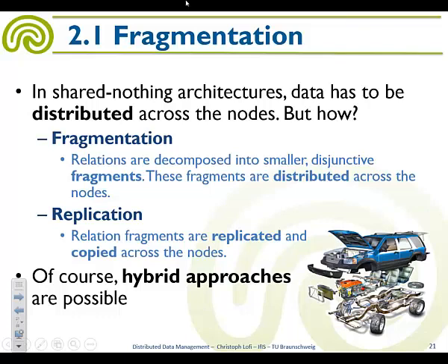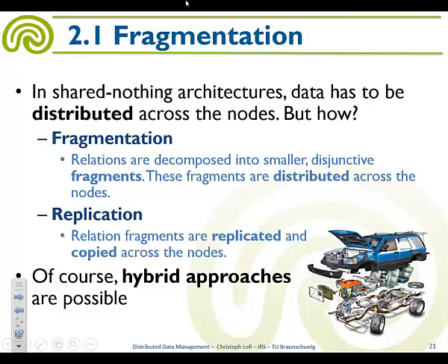Replication is a problem which goes hand in hand with that. If you have your fragments from fragmentation, do you replicate these fragments or don't you? Replication means you make a copy of these fragments. Usually most databases will do it like that: they fragment and then replicate these fragments.